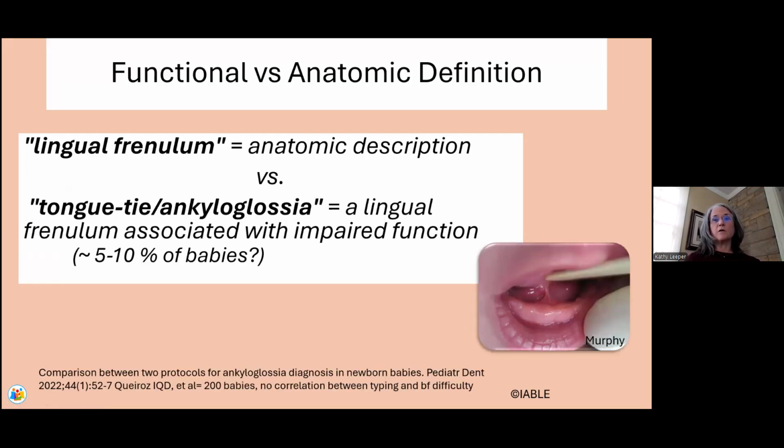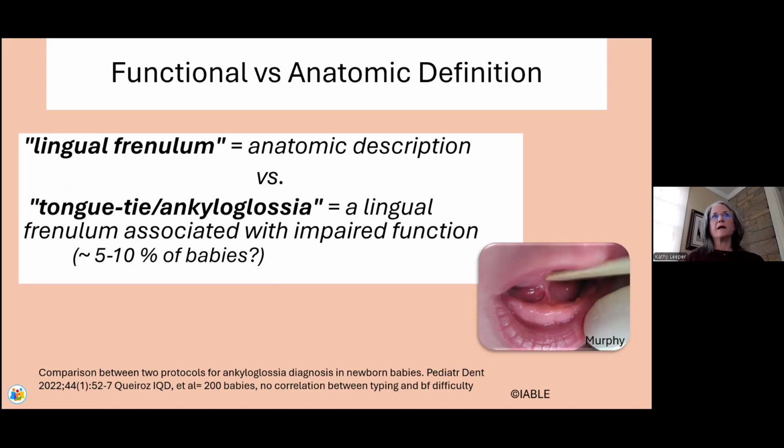All right, so I'm going to propose that you consider watching your language surrounding tongue tie. I am guilty as well that we talk about the frenulum being a tongue tie, but I think it's more helpful to try not to say a tongue is tied unless you've proven that it is not functioning normally, that there has been an impairment of function.